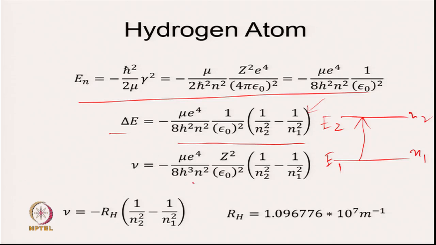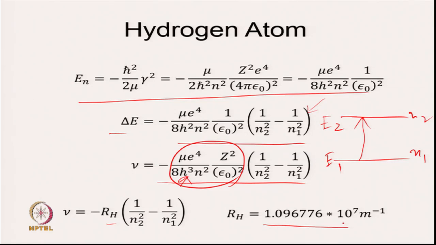ΔE is equal to hν, so divide by h. When you divide by h, you will get hc, and the frequency will be equal to this term, and this whole constant is what is known as R_H, the Rydberg constant, which has this value in meter inverse.